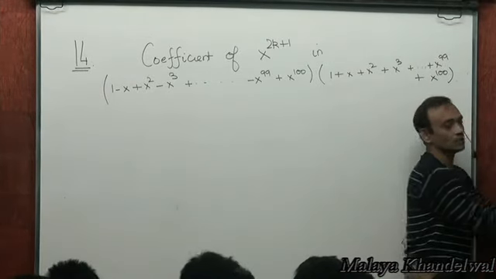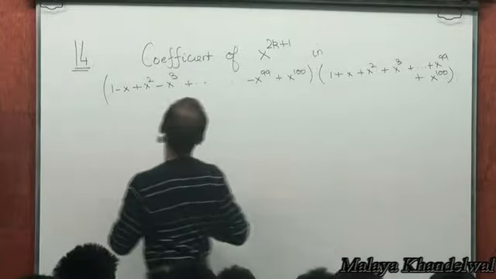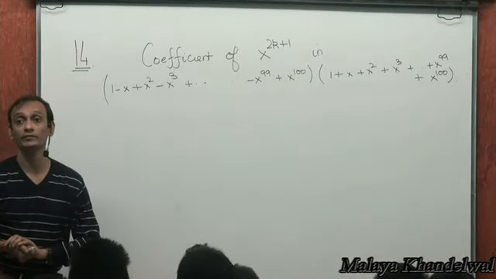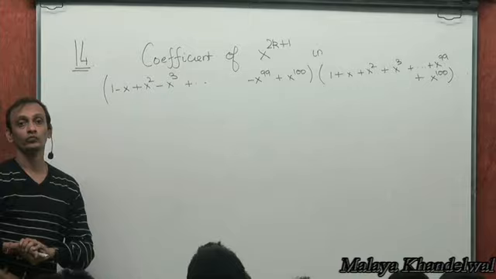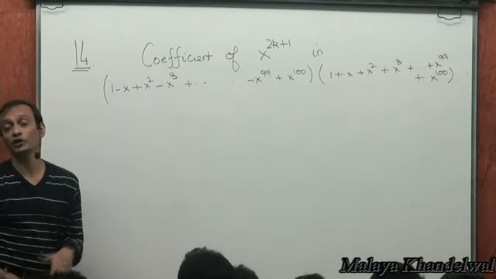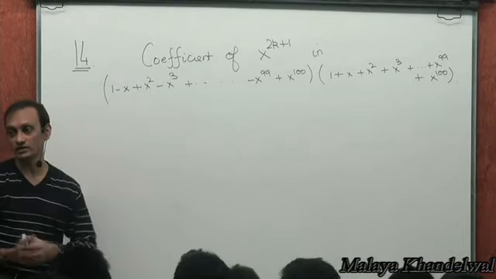We want to find the coefficient of x power 2k plus 1 in this. Now to solve this problem, you never were required to attend any of my classes on binomial theorem.